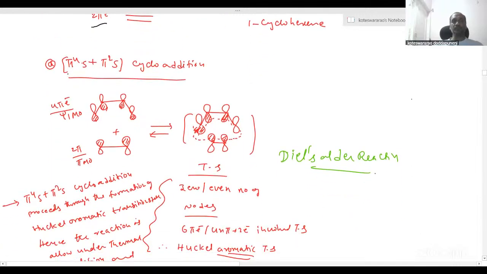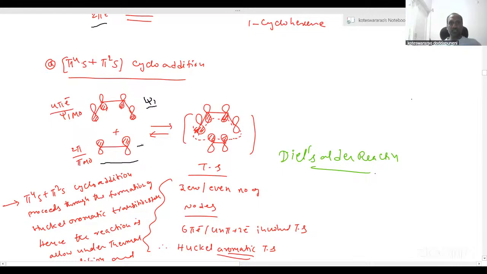Now, first one, pi 4s plus pi 2s. Actually, I have given it here, don't worry. In that, the first 4 pi system, that is 1,3-butadiene, is involved in addition with ethylene. This is the basis set for 1,3-butadiene with 0 nodes, that is, in our language, the ground state lowest energy molecular orbital psi 1.